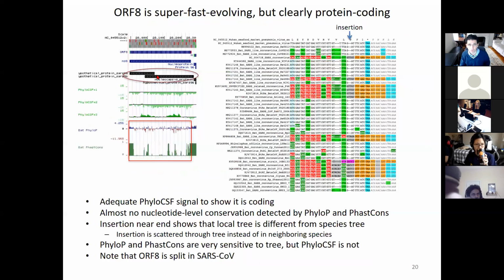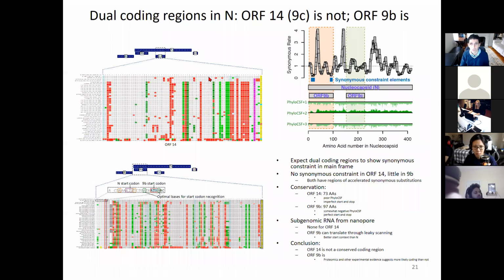You can see this ORF8, which is super fast evolving at the nucleotide level, but is in fact clearly evolving as a protein coding gene in those two places. And you can also see a dual coding region within the nucleocapsid protein. So here's ORF9b, which is in fact evolving as protein coding in both reading frames, and ORF9c, which is in fact not protein coding.